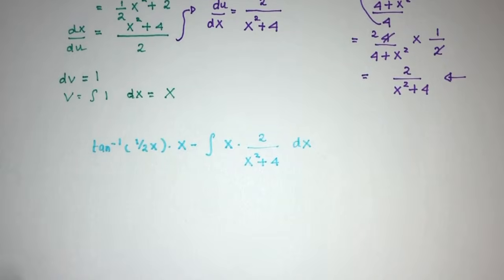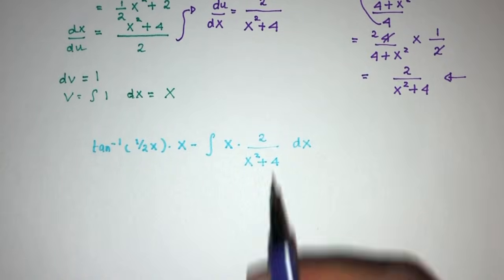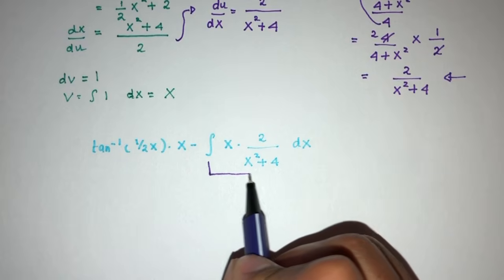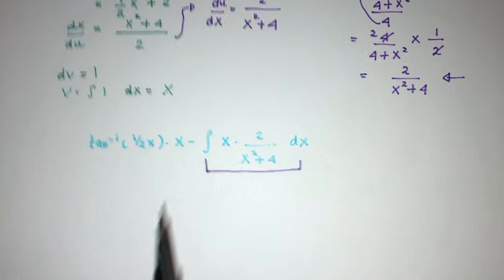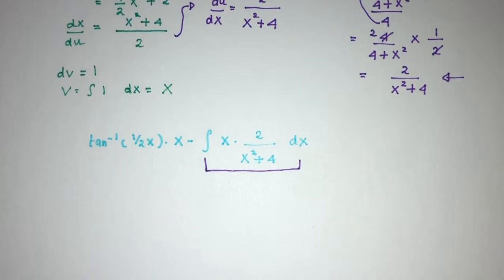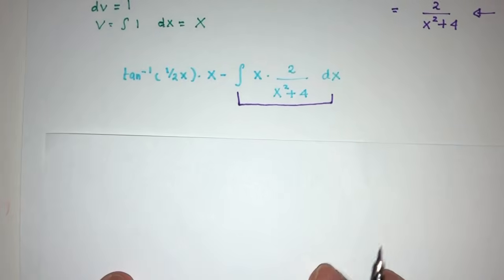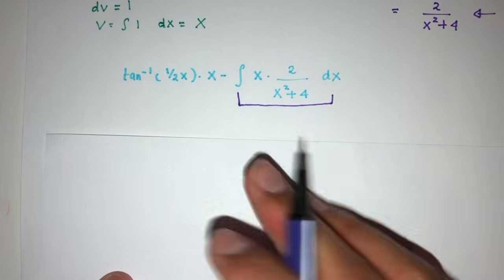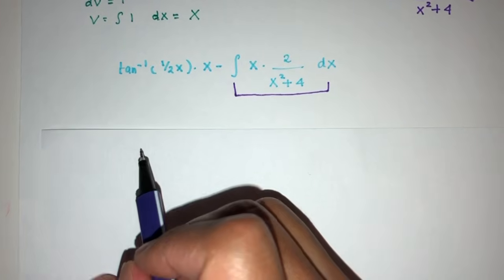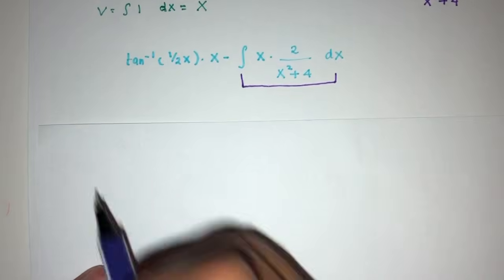Now we can simplify. First, let's try to just solve this. As you can see, this can be done by substitution, right? If you think about it, it's possible. Let me show you. Because we have the derivative of the base on top, we can use substitution. But let me show you step by step, because I don't want to confuse anyone in this question.